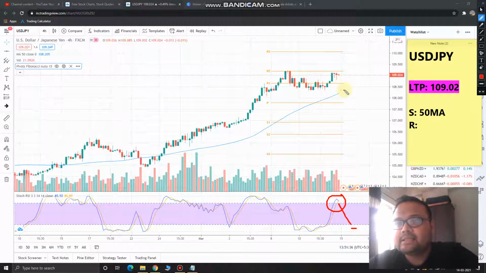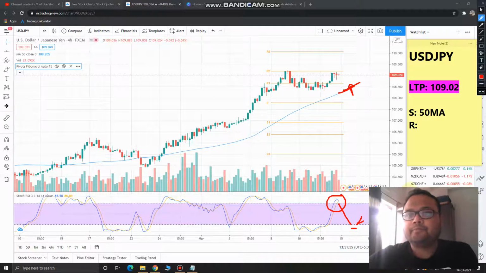If the price is taking support at the 50 moving average, or it is nearby, and if stochastic RSI is about to go up again, then just go ahead and buy. Let me repeat it again.